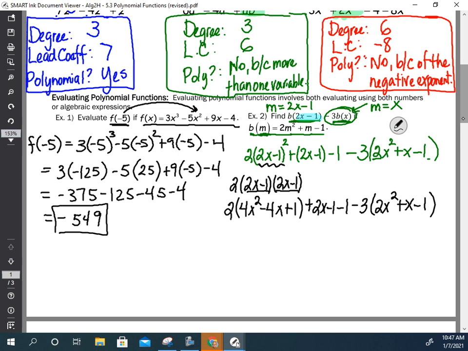Now we distribute. So when you distribute, 8x squared minus 8x plus 2 plus 2x minus 1 minus 6x squared minus 3x plus 3.